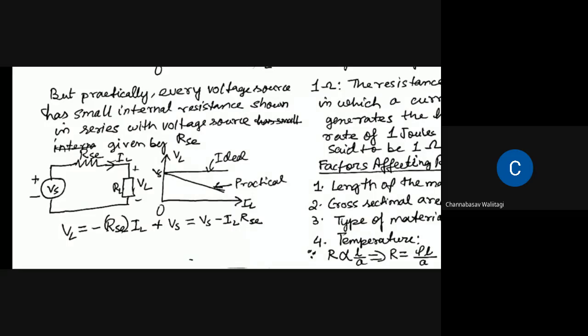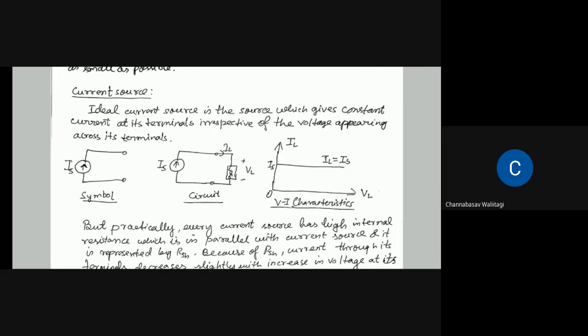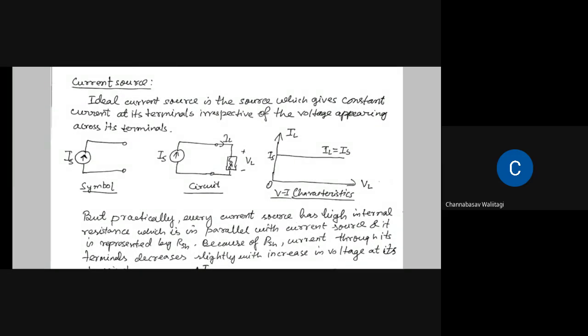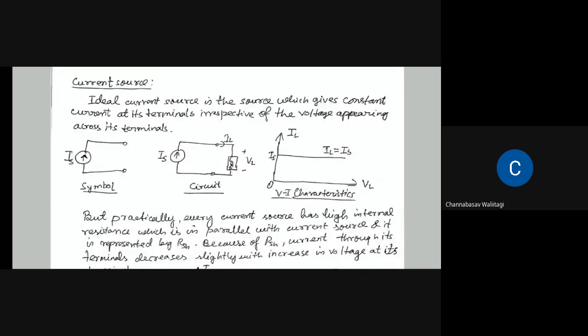Okay, so moving on to the main thing, voltage source we saw. Now this is the symbol of current source. You see an arrow. Previously voltage source is represented by a plus minus sign, means inside a circle on the top is a plus, and just below the plus sign there is a minus.